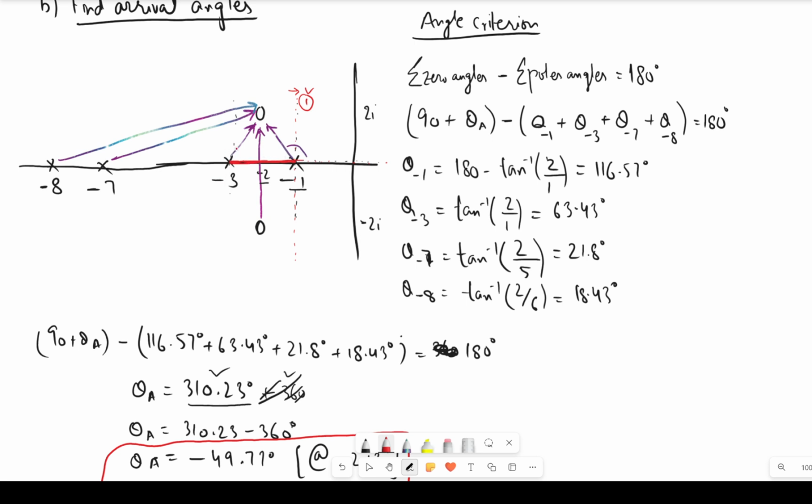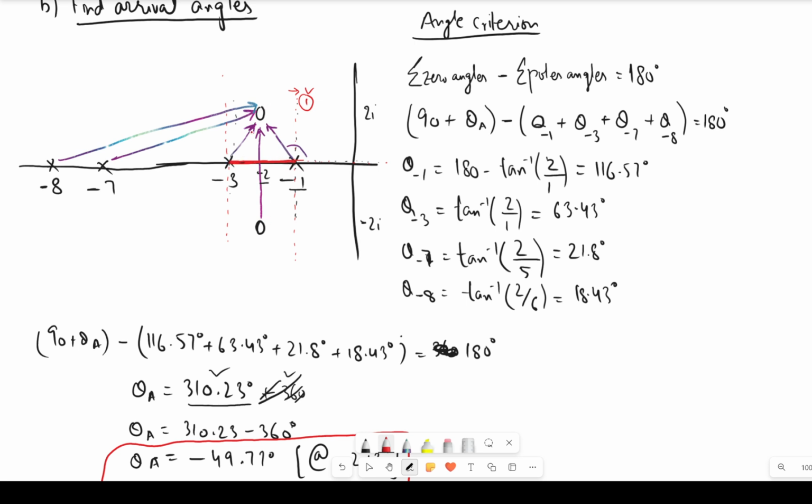I'm just highlighting it. Now, we will not consider the complex poles and zeros because we are walking on the real axis. So the next pole is basically this. I'll draw a dotted line here. If I now ask how many poles and zeros are to the right of this pole, your answer should be 2.